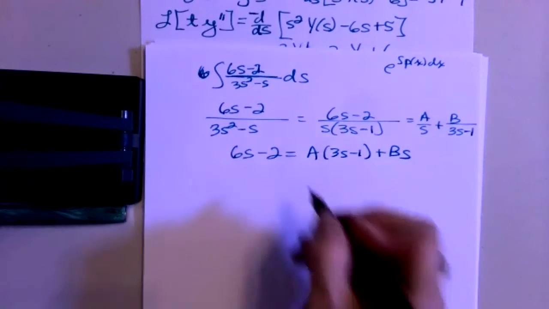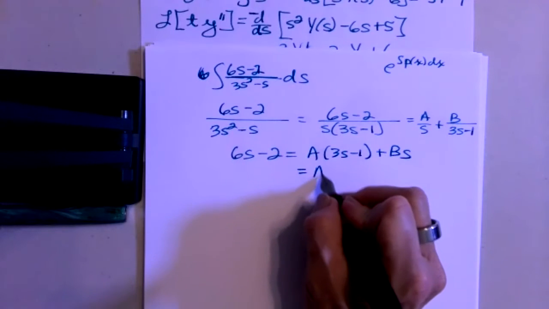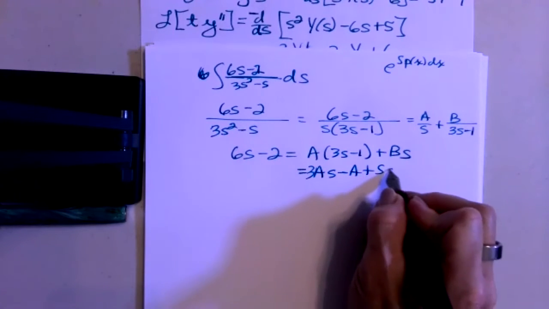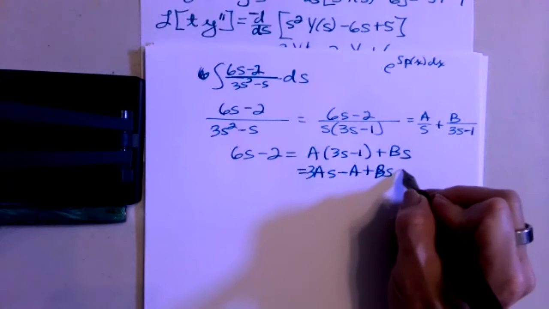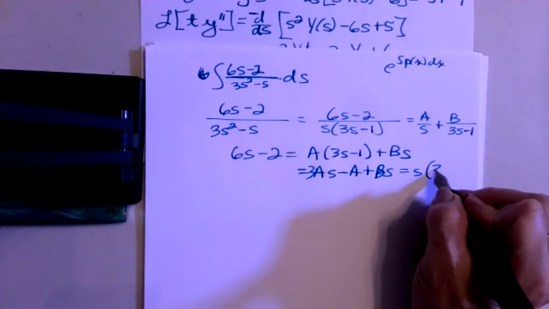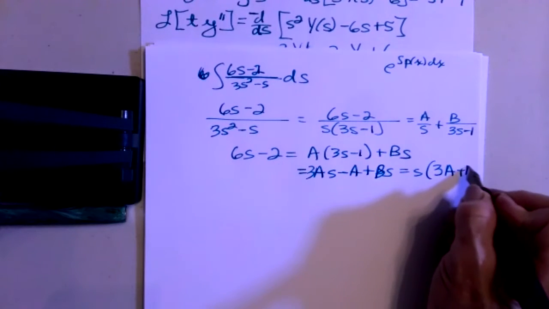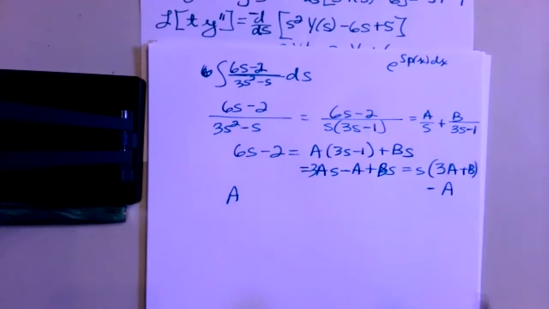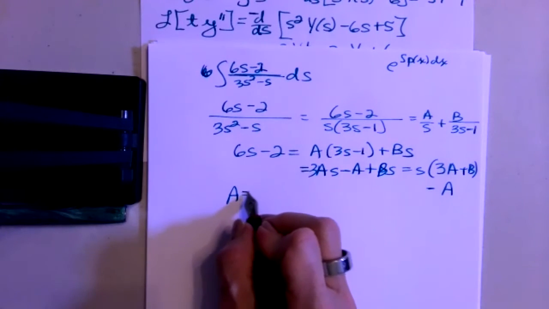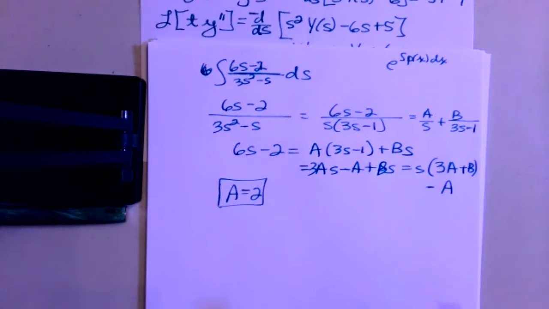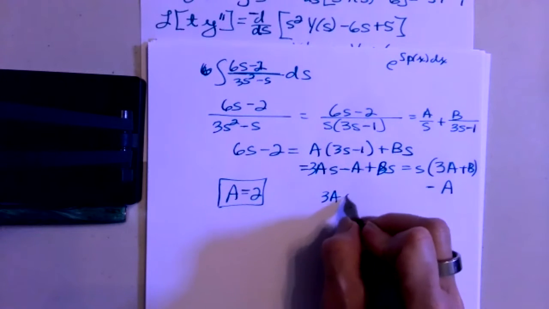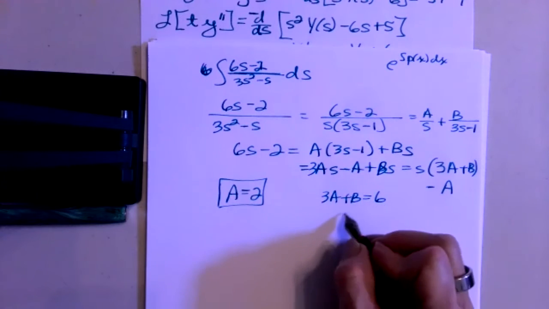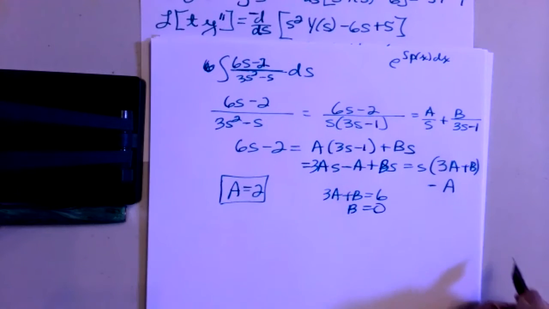So we have 3As minus A plus Bs. So that's s times 3A plus B, minus A. So that says minus A is minus 2, so A is 2. And 3A plus B equals 6, and A is 2, so that says B is 0.